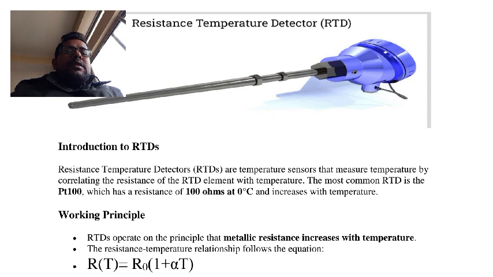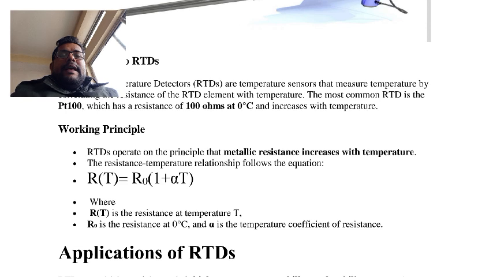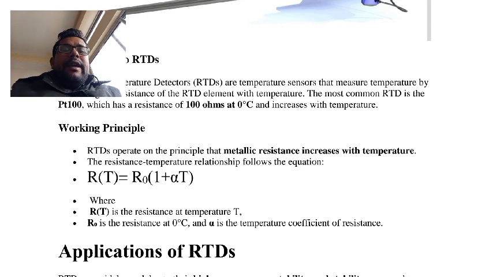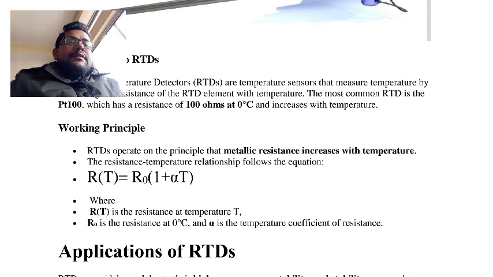So this is the most common RTD, PT100, and this is how it works. The RTD operates on the principle that metallic resistance increases with increase in temperature. The resistance-temperature relation is given by this.